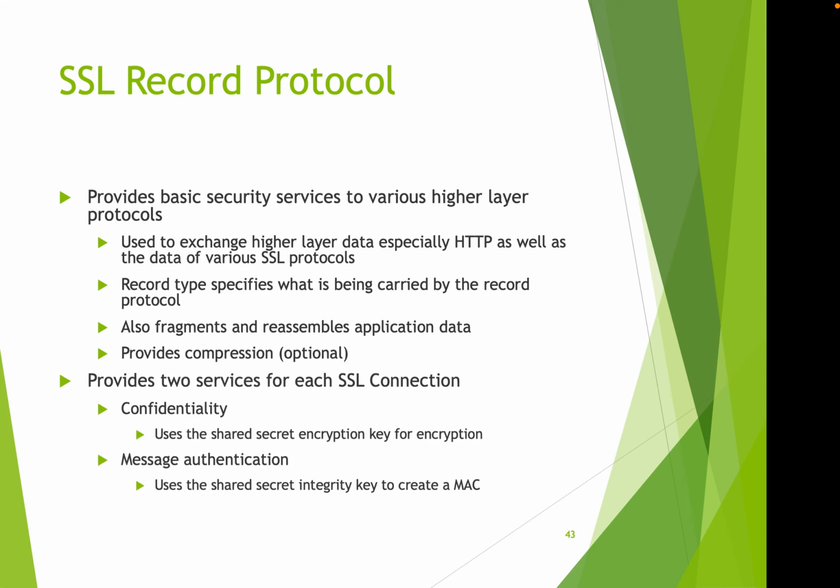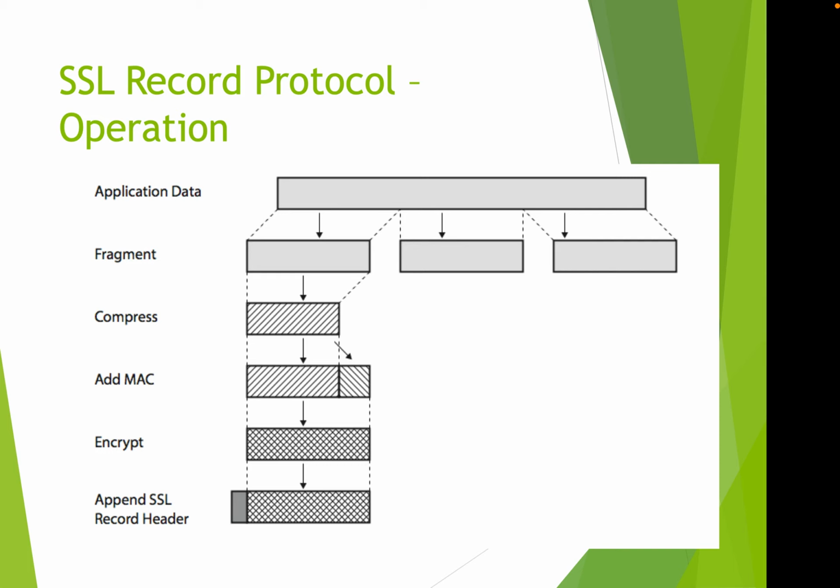It provides two services, confidentiality and message authentication, for each SSL connection. The confidentiality uses the shared secret encryption key for encryption. Message authentication uses the shared secret integrity key to create the MAC. They use different keys, just like what we've seen earlier.